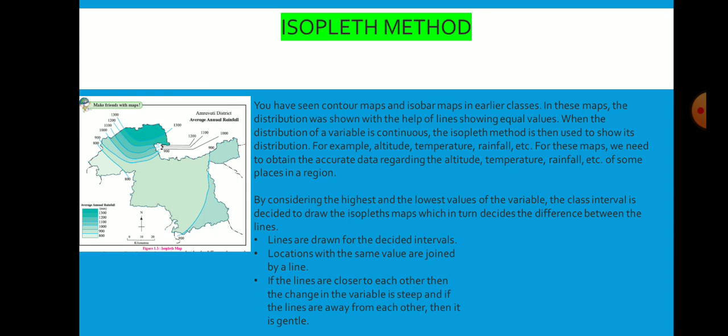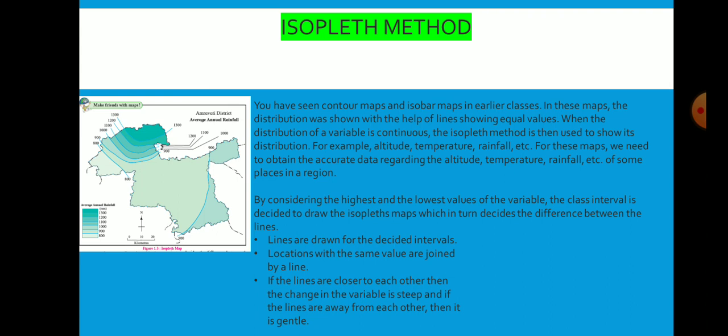When the distribution of a variable is continuous, the isopleth method is used to show its distribution, for example, altitude, temperature, rainfall, etc. For these maps, we need to obtain accurate data regarding the altitude, temperature, rainfall, etc. of some places in a region.